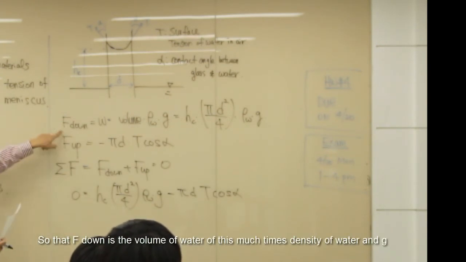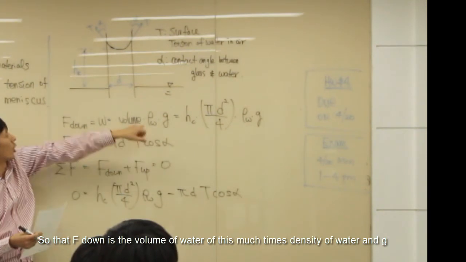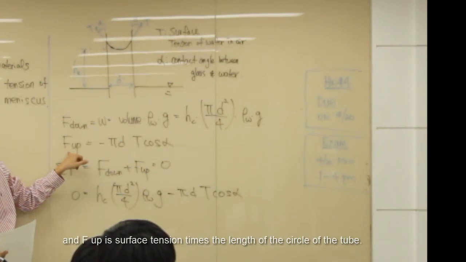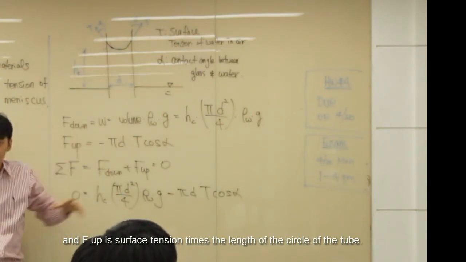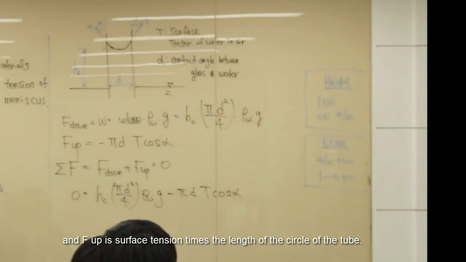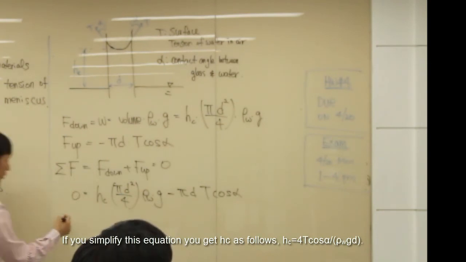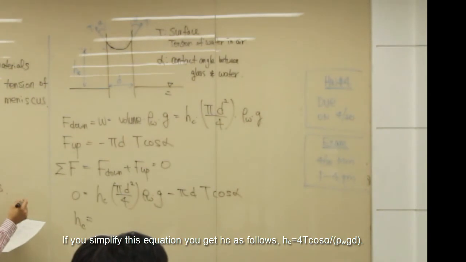So the F down is the volume of water of this much times density and gravitational acceleration, and the upward force is the surface tension times the length of the circle of the tube. Right? Then if you simplify this equation, you get HC as follows.